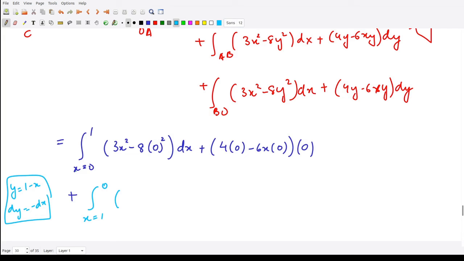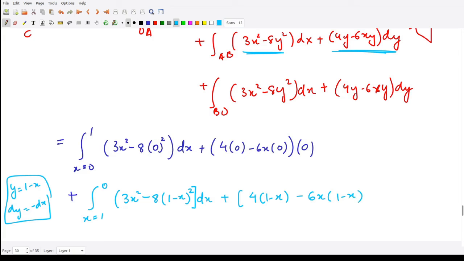Keeping that in mind, we have 3x square as such, minus 8 times, instead of y we will write (1 minus x) whole square, and instead of dx it is dx only. Then we have plus, instead of y we will write 1 minus x, then minus 6x, instead of y it is 1 minus x, and instead of dy we have minus dx.